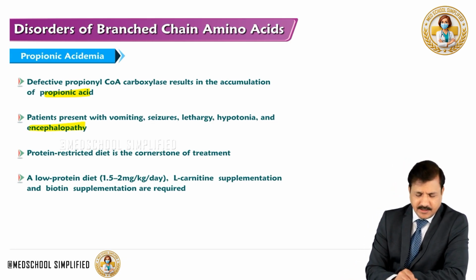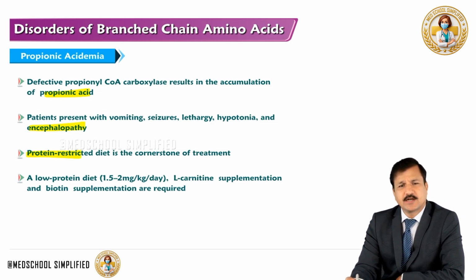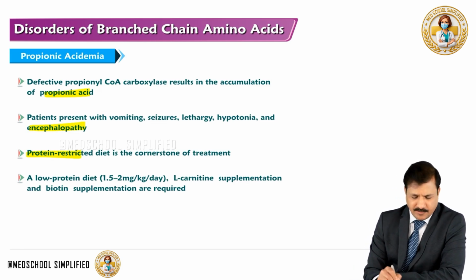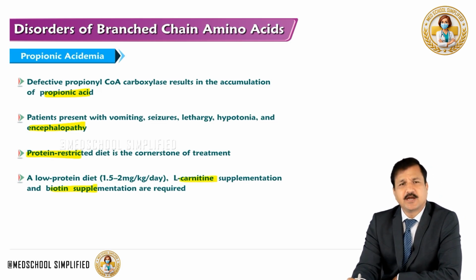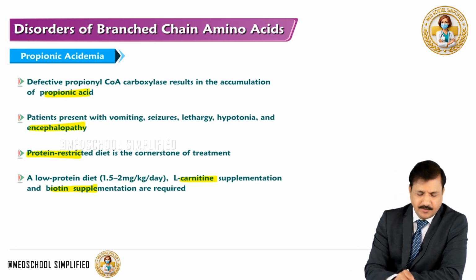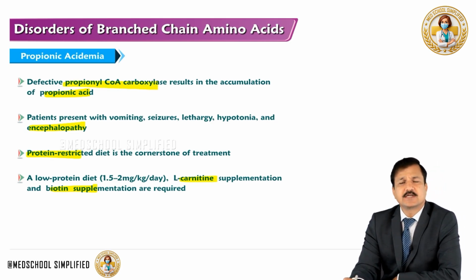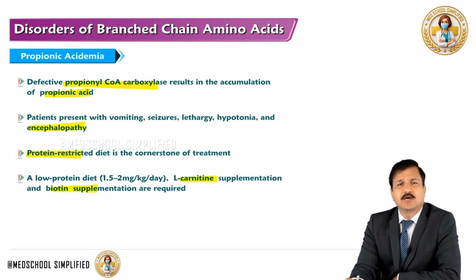And the treatment here includes a protein restricted diet, a low protein diet, L-carnitine supplementation and biotin supplementation, because biotin is a coenzyme for the propionyl-CoA carboxylase enzyme. So it might improve the enzyme activity by supplementing biotin.